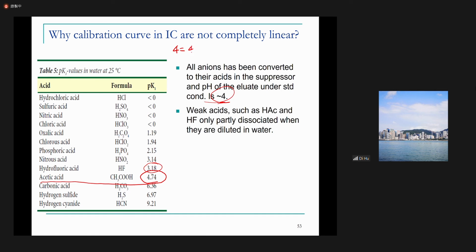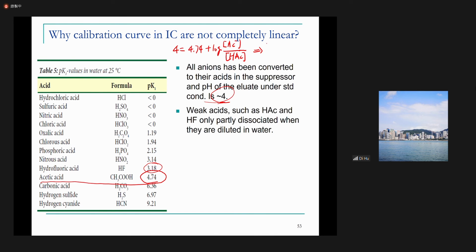pH equals pKa 4.7 plus log of the acetate form over the acetic acid form. If you try it yourself, you can calculate that this will be minus 0.7.